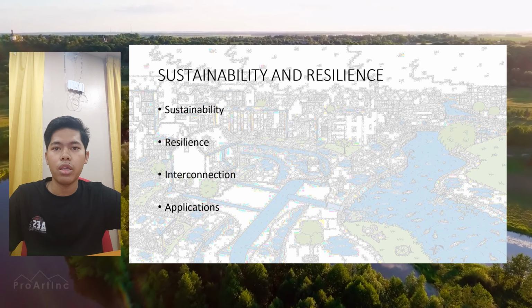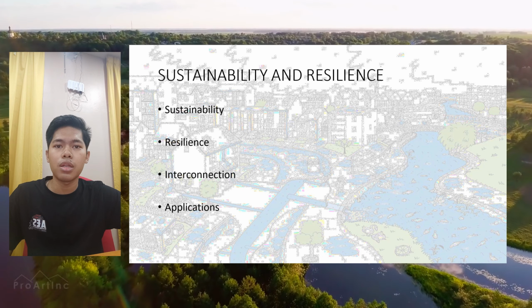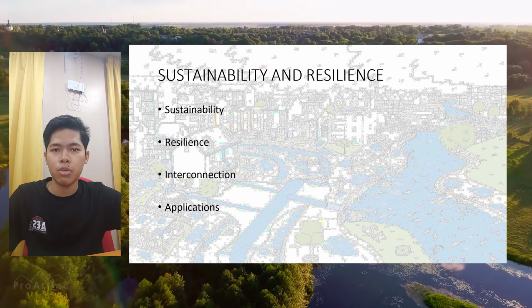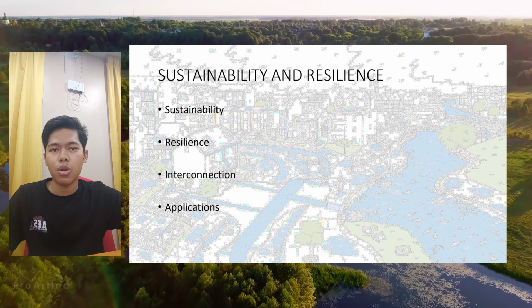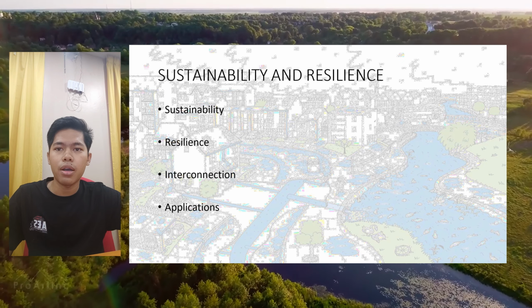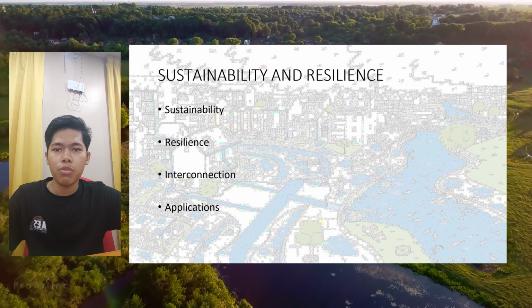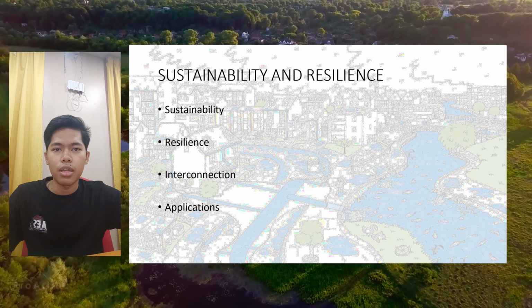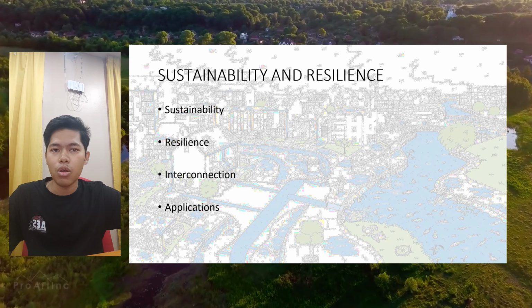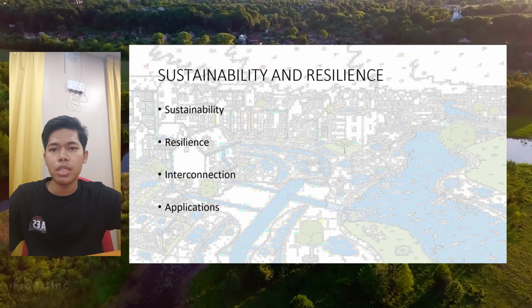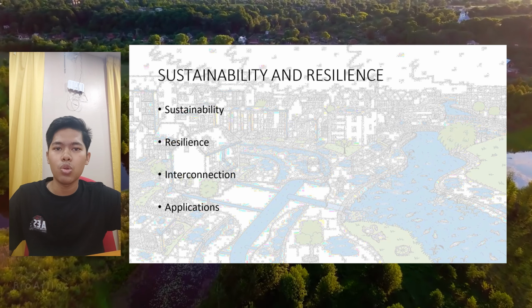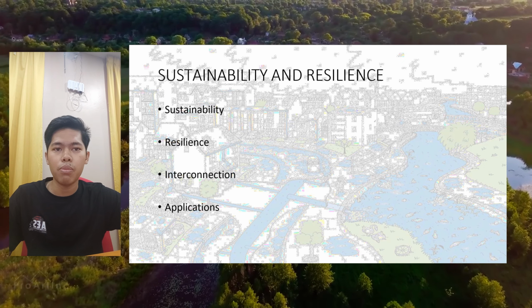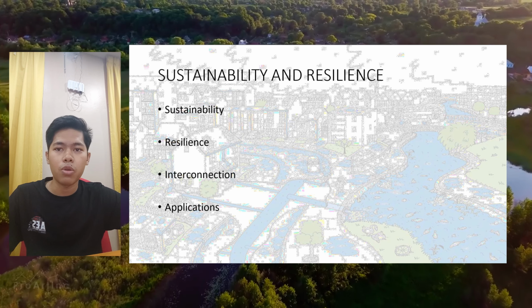In summary, sustainability and resilience are complementary concepts that are essential for creating a world that can meet the needs of the present without compromising the ability of future generations to do the same, while also being able to adapt and recover from challenges.